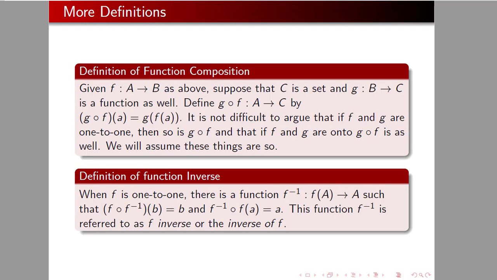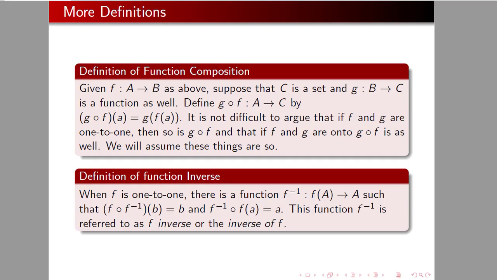Okay, so now we're going to have some more basic definitions about functions. Given f from A to B as above, suppose that C is a set and that g is another function that takes B into C. Let's define another function, written g open circle f, from A to C. We read that open circle as composition, g composition f.